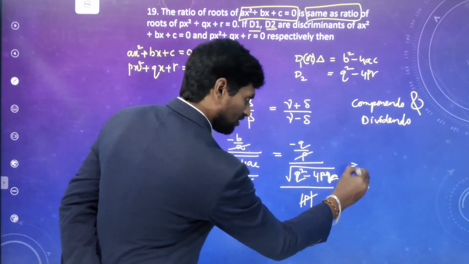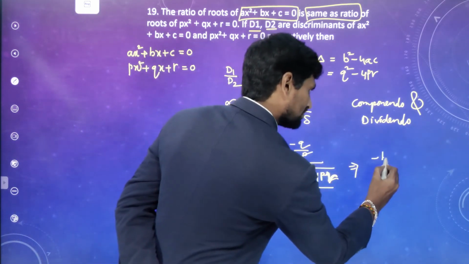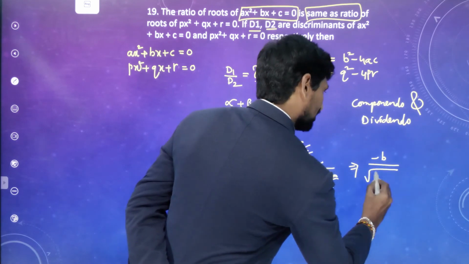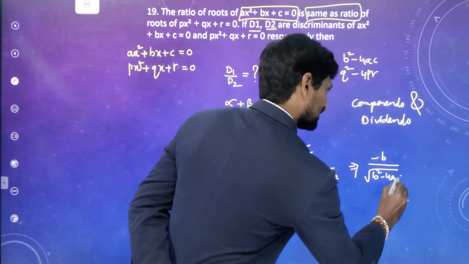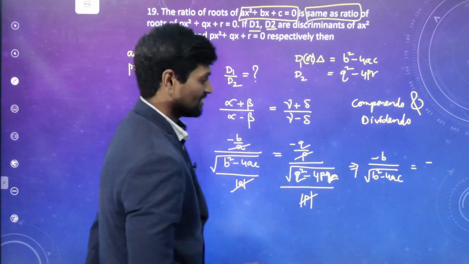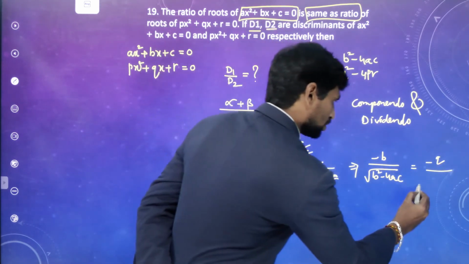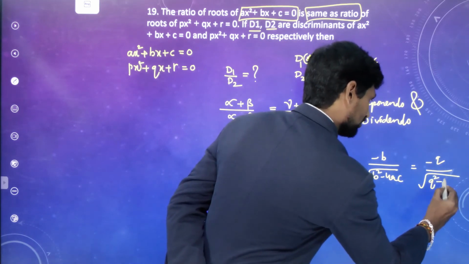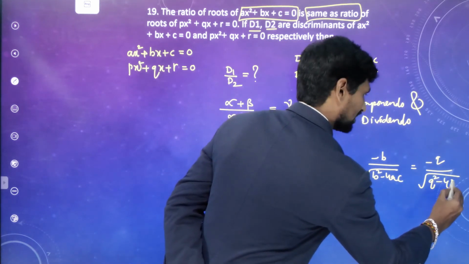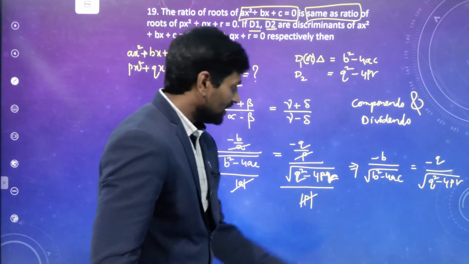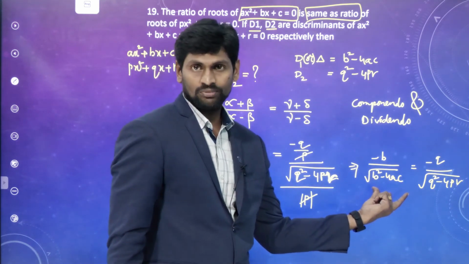Now we have minus b by root over b square minus 4ac, that equals minus q by root over q square minus 4pr. This is nothing but root over the discriminant, am I right?